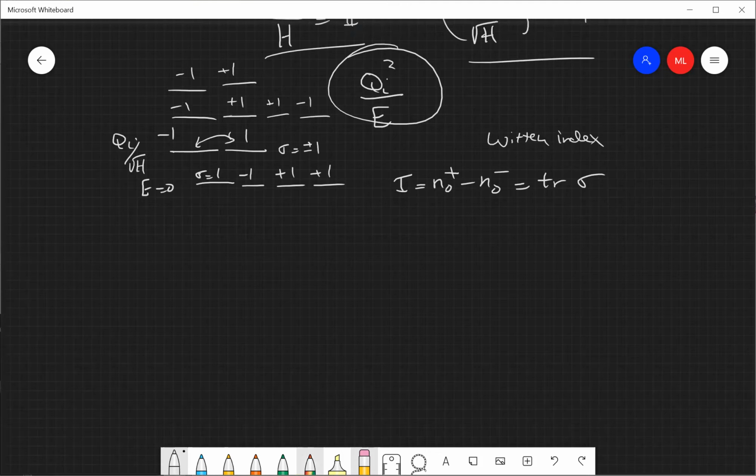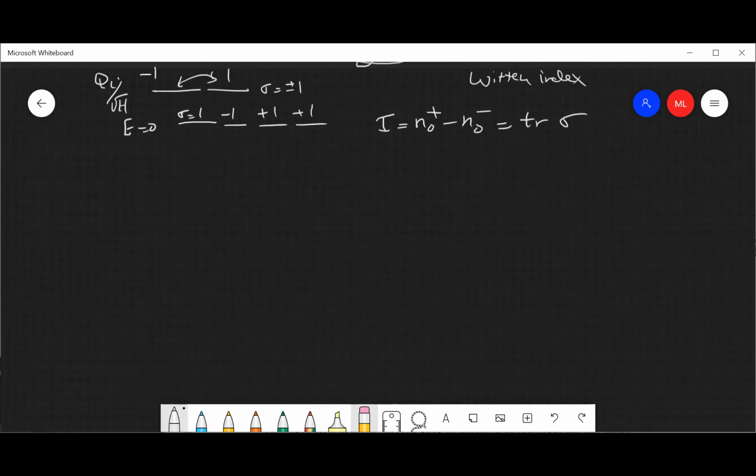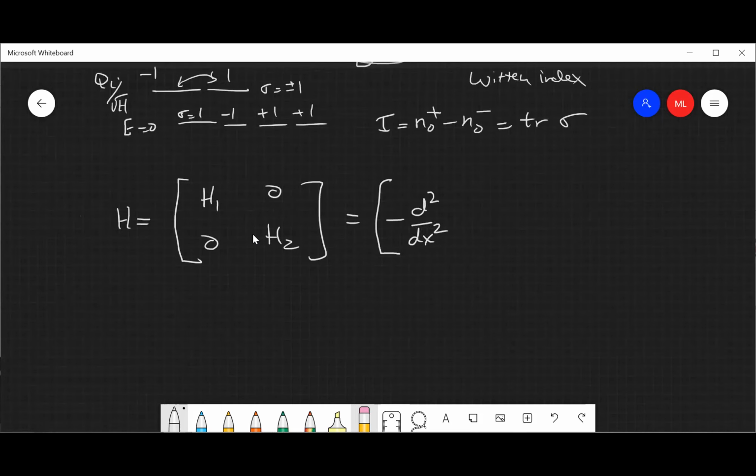What is it? Well, we have to construct it in such a way that it satisfies the supersymmetry. And the way you do it is you have to actually have two harmonic oscillators. So the Hamiltonian is going to be a matrix with two different harmonic oscillators in it. And in non-dimensional units, they'll both have the kinetic energy and they'll both have the quadratic harmonic oscillator potential.